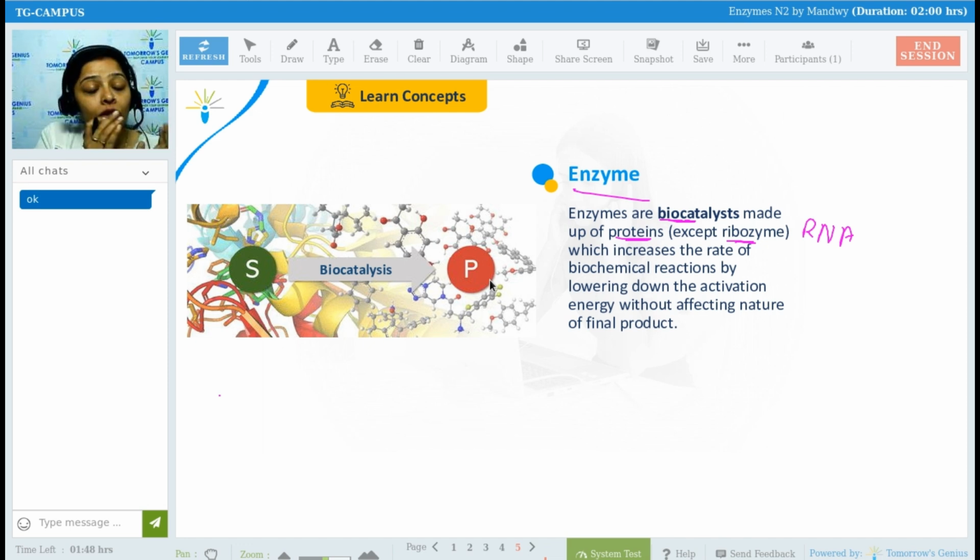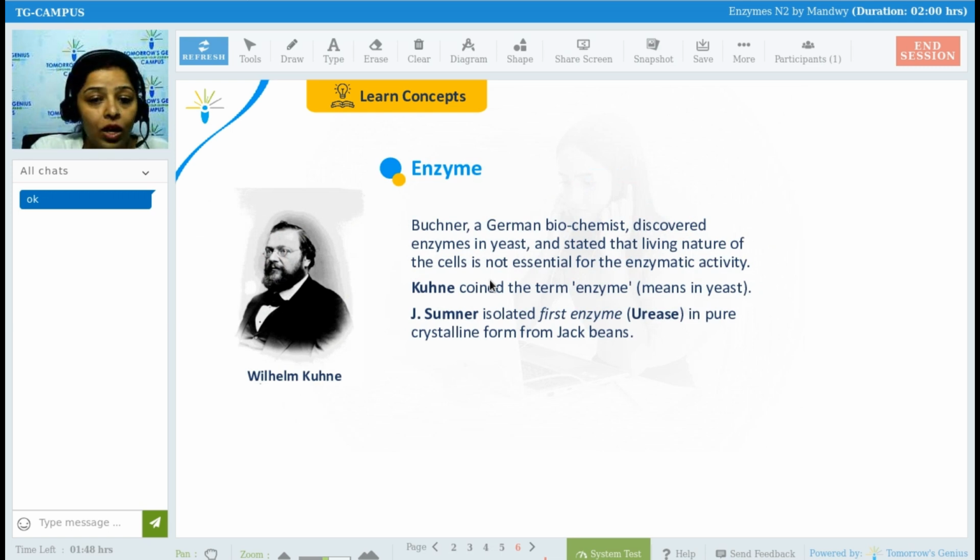It will just enhance the reaction. It is just a supportive system, and it does not affect the property, nature, or structure of the final product. Clear? Yes, ma'am.